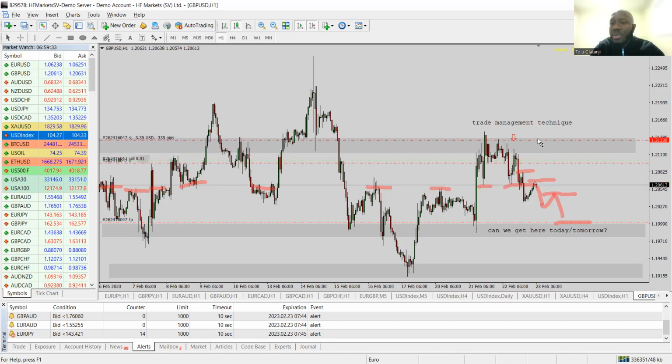You could be a bit flexible in what you are doing. So these are the two main ways that I want to discuss today to help you manage your trades appropriately. Lots of traders are placing trades, but they are not managing them the proper way. So these are things we need to know in order for our trading to go according to plan.